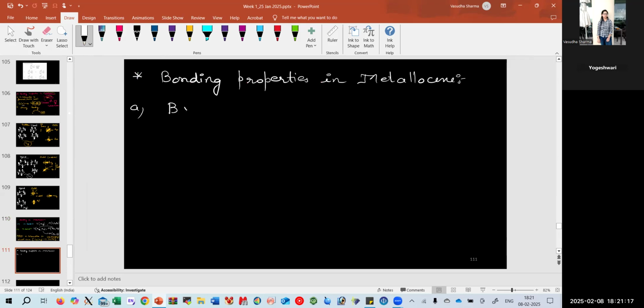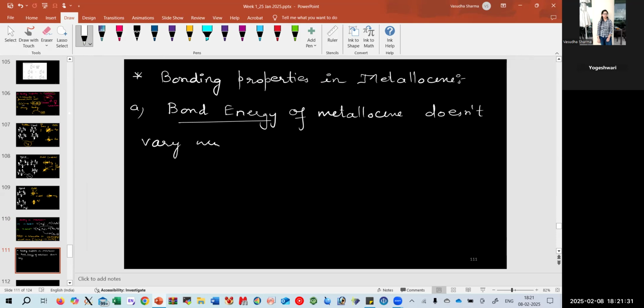If we talk about the bond energy, if we are rotating a metallocene, the bond energy of metallocenes does not change, does not vary with the ligand rotation. If we are rotating the ligand, its bond energy is not going to change. That is an important point.